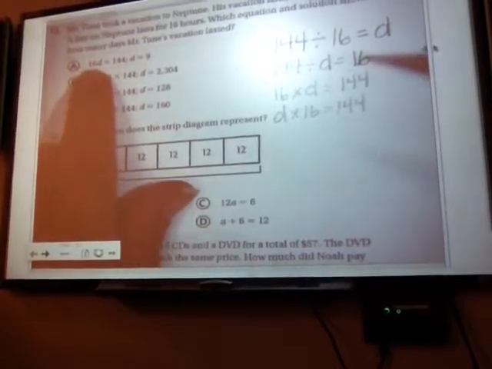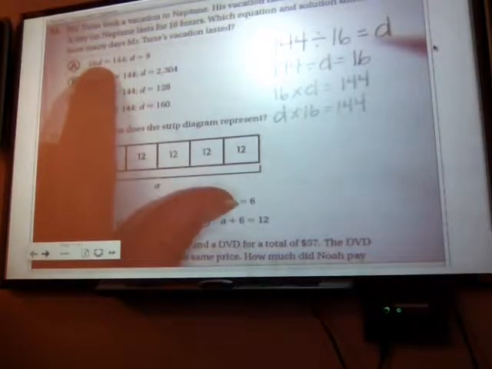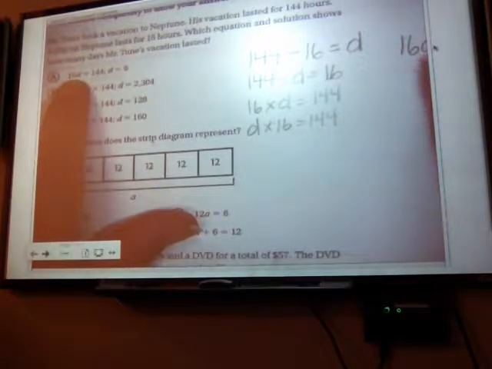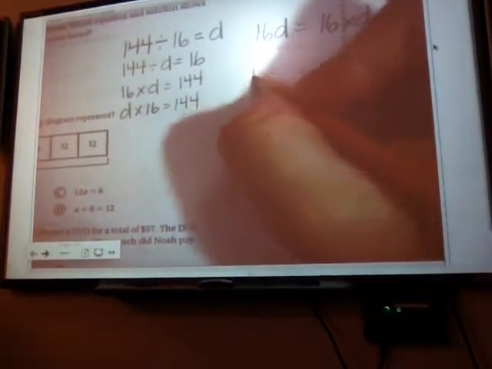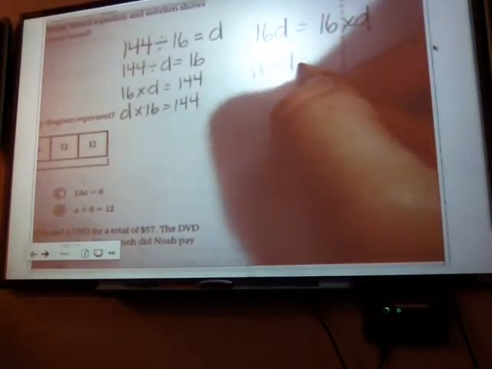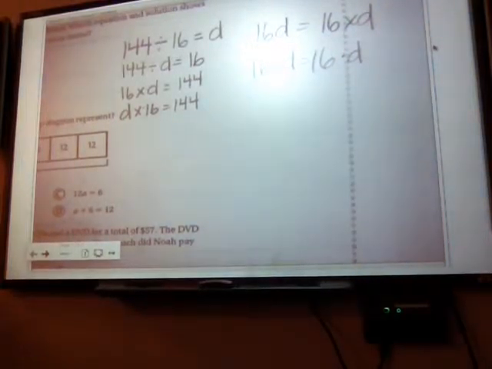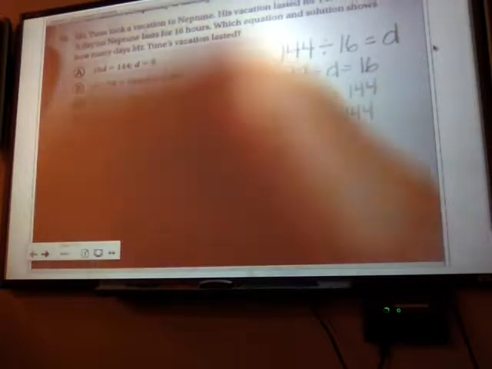No. What is the same thing as 16 D's? 16 times D. 16D, guys, is the same thing as saying 16 times D. Make sense? So which one of those is my answer choice? A.